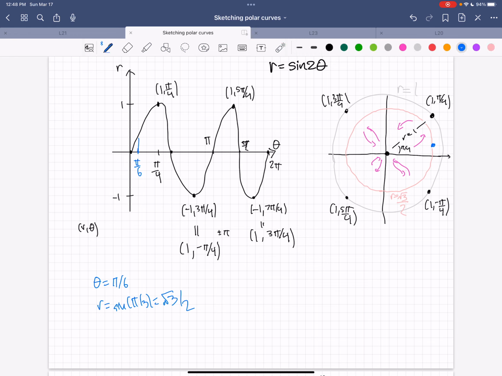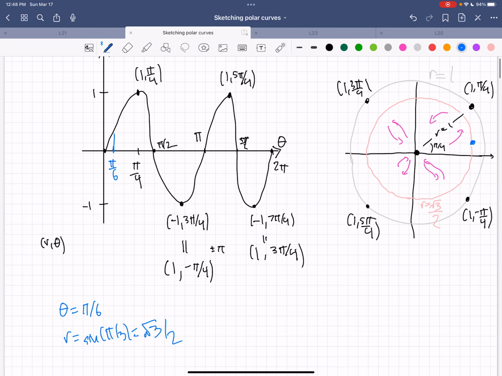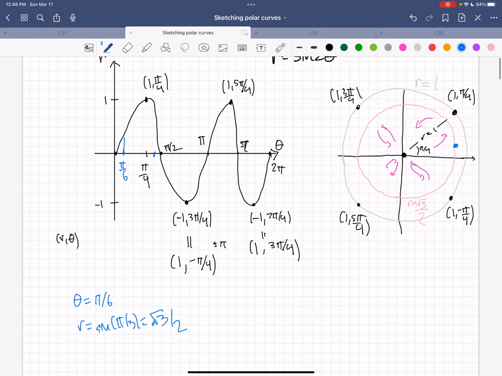So that would mean looking at angles between pi over 4 and pi over 2. So we could say pi over 3. When theta is equal to pi over 3, r is sine of 2 pi over 3, which again is root 3 over 2. So that's how we get this point here.